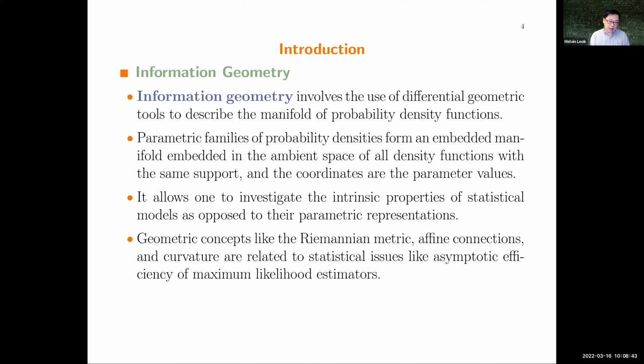The problem with that is that oftentimes it conflicts with the intrinsic geometric properties of these probability manifolds. And so it's oftentimes desirable to formulate, say, the optimization problem, your gradient descent problems, in terms of the intrinsic differential geometric structures on the manifold of probability densities, as opposed to the Euclidean structure, which is induced by the parametric representation.